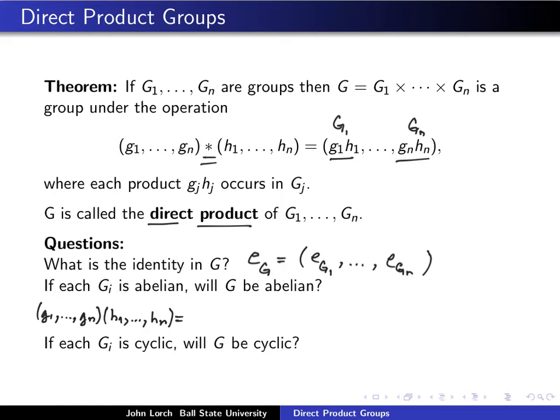We know from our definition above that this is (g1h1, ..., gnhn). But each of these groups G sub i is abelian, so in each component we can reverse the order of the product.